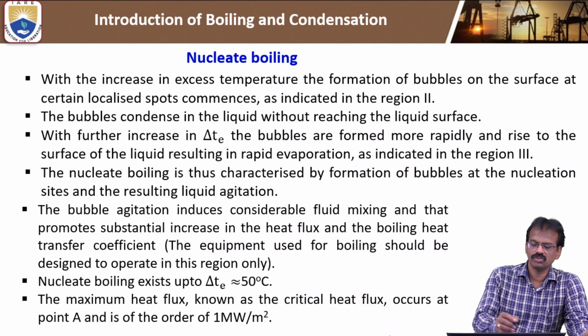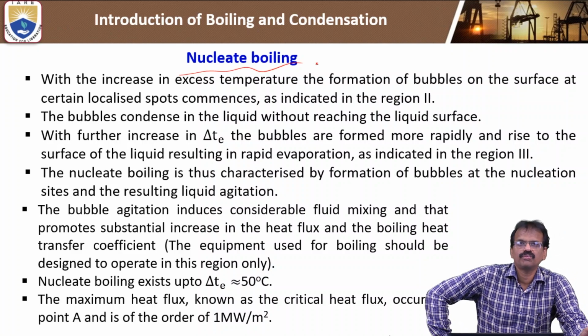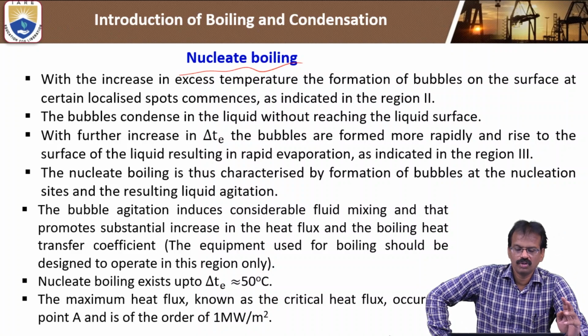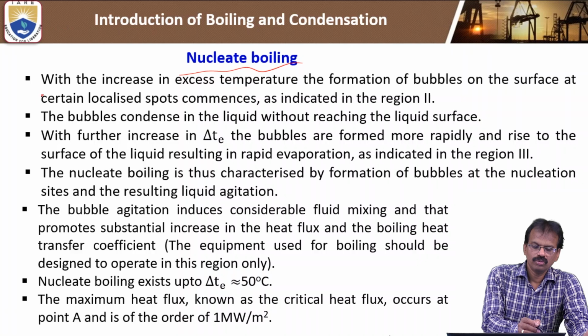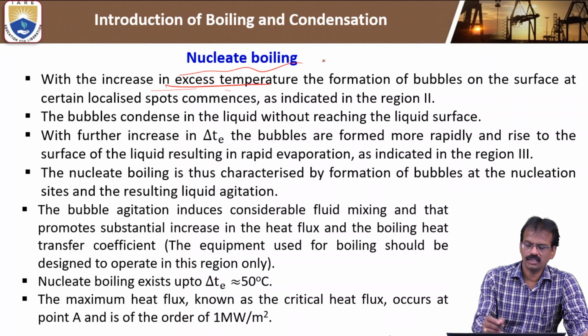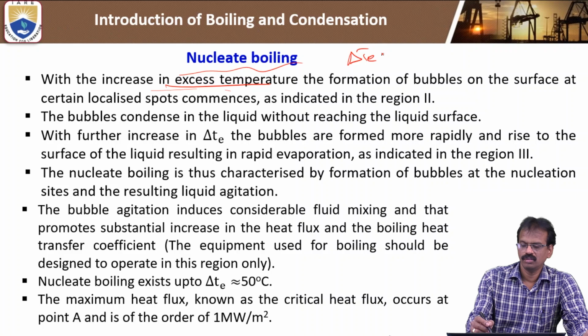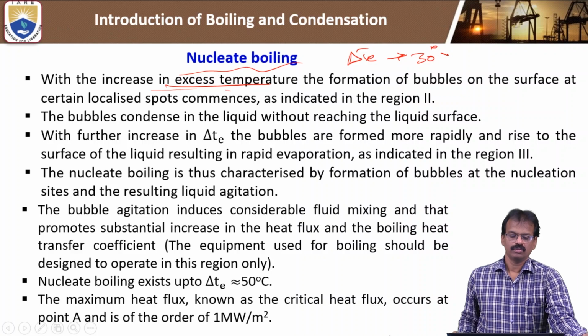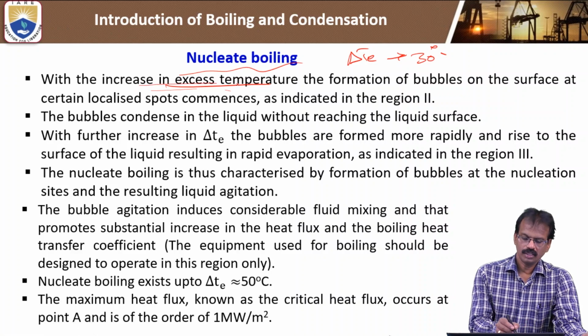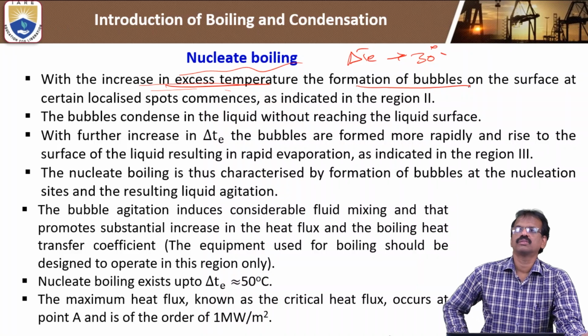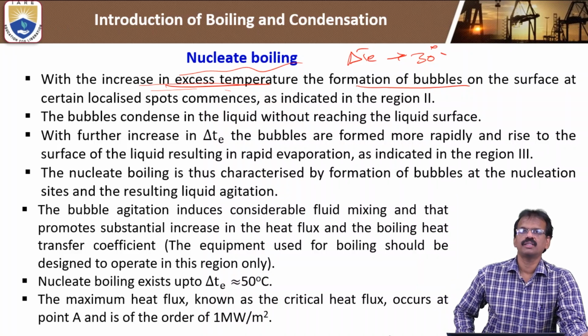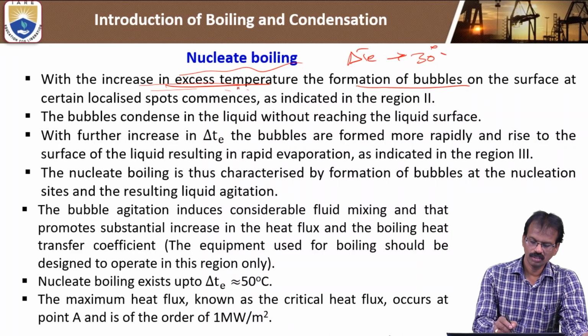Nucleate boiling means here we will see bubble formation. At first it has two phases: bubble formation and condensation again, followed by rapid bubble formation. With the increase in excess temperature delta T, if you increase delta T from 5 up to 30 degrees, the formation of bubbles on the surface at certain localized spots commences.